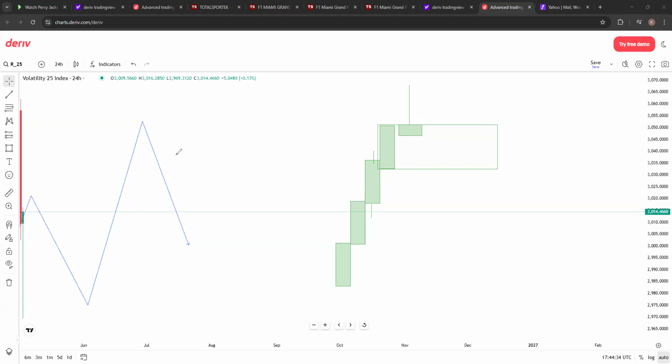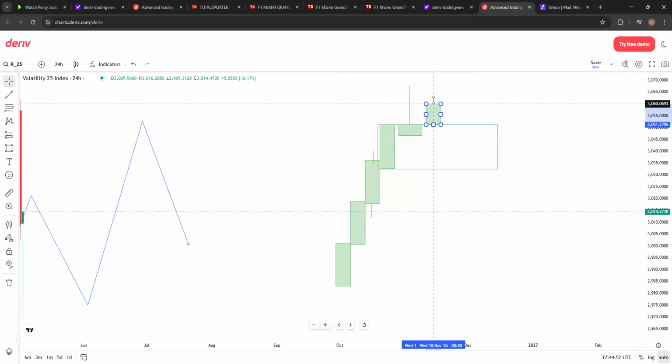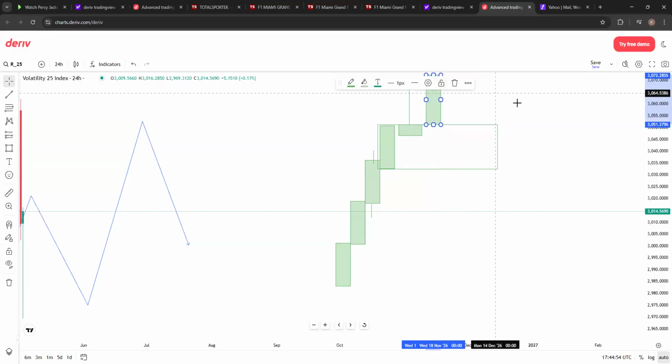So we now have the mindset that a high is about to be made. The next candle that comes should not close above. Let me copy this candle actually. The next candle that comes should not proceed to go up.